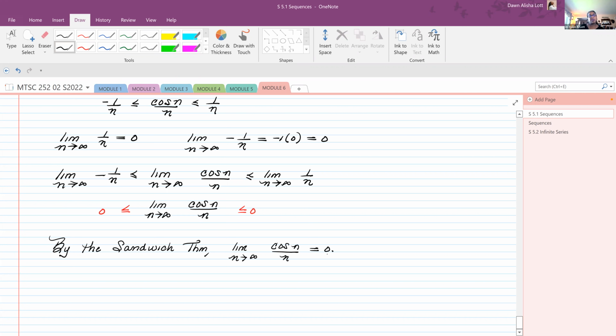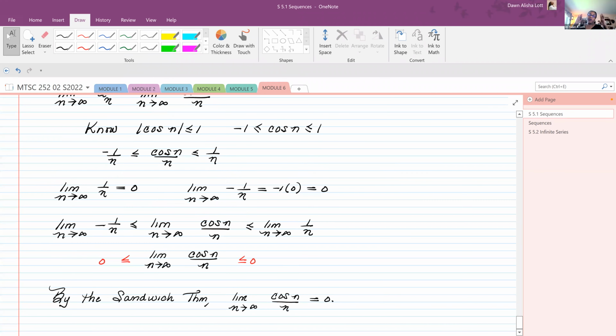Okay, so the sandwich theorem says if you can squash this thing between two limits that are going the same place, then the thing in the middle also has to be going to the same limit. Okay, any questions about that?